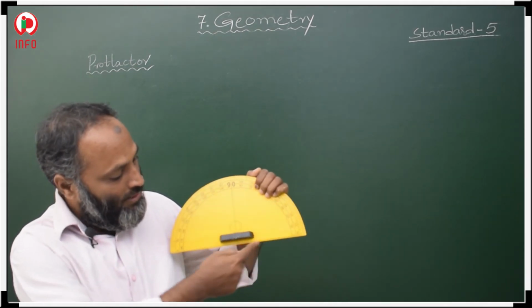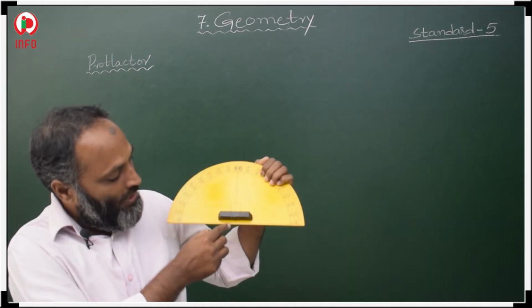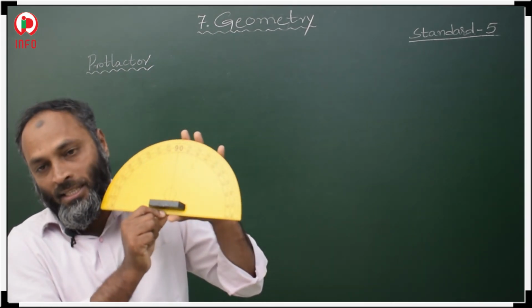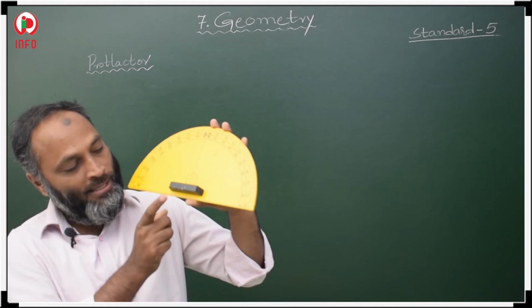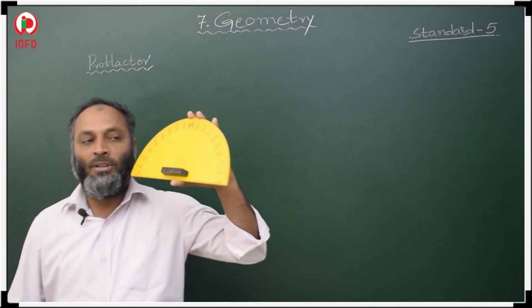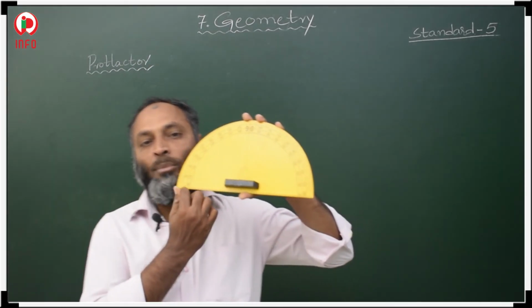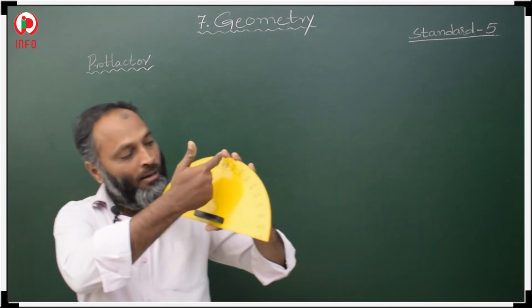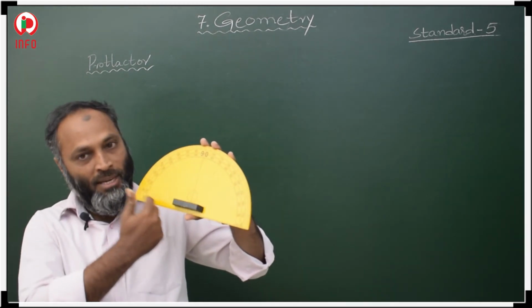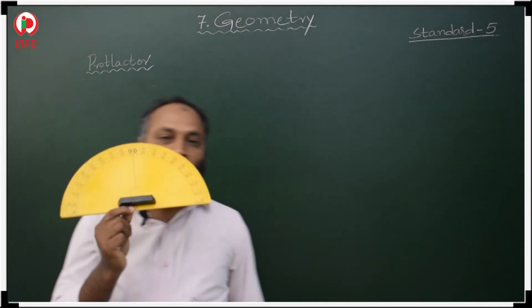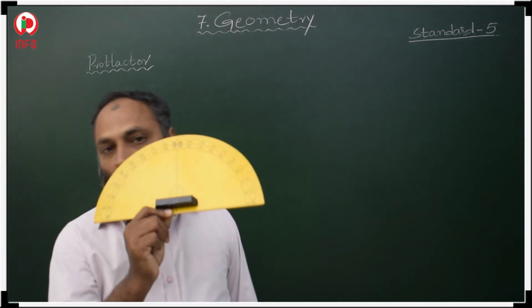This baseline and the 90 degrees line intersect here. That intersection point is called the center point of the protractor.